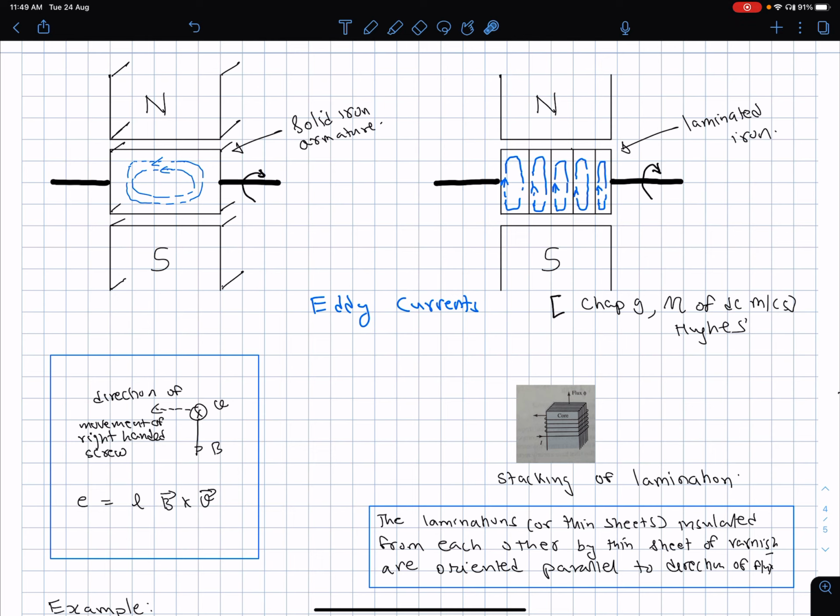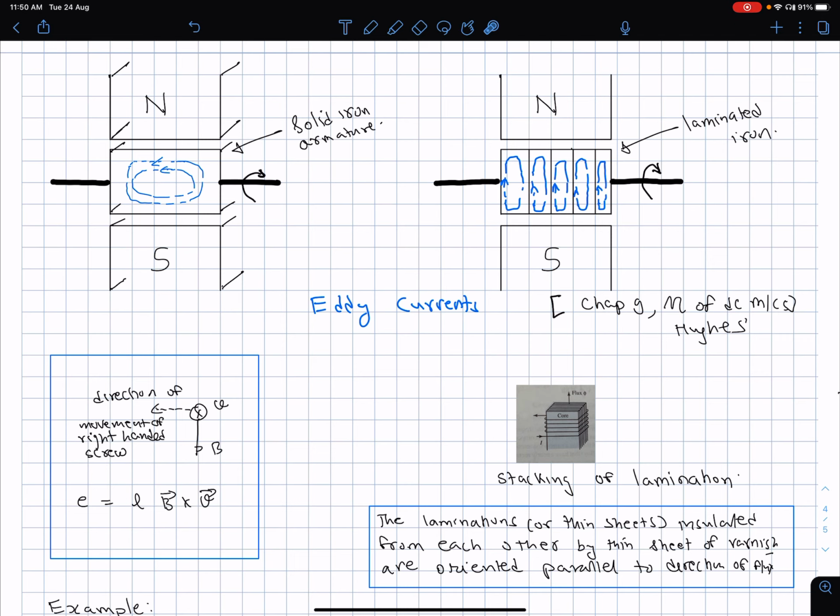If you rotate a right-handed screw from B to V, you would see that it will create an EMF in this particular direction, and that EMF will set up circulating currents, which are also called eddies or eddy currents.